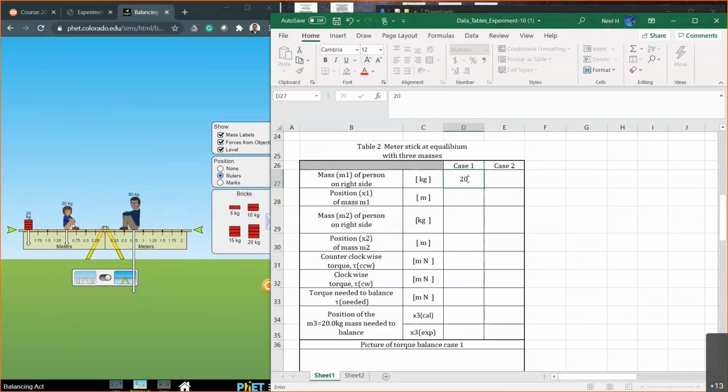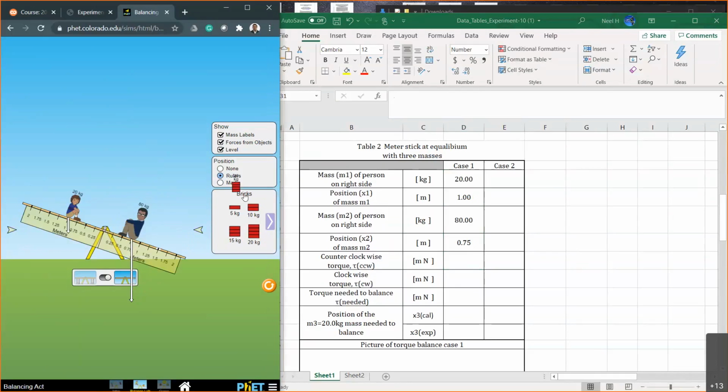Person 1, 20 kilogram, location 1 meter. Person 2, 80 kilogram, location 0.75. Let's calculate the counterclockwise torque coming from the left hand side before the other object is put in.